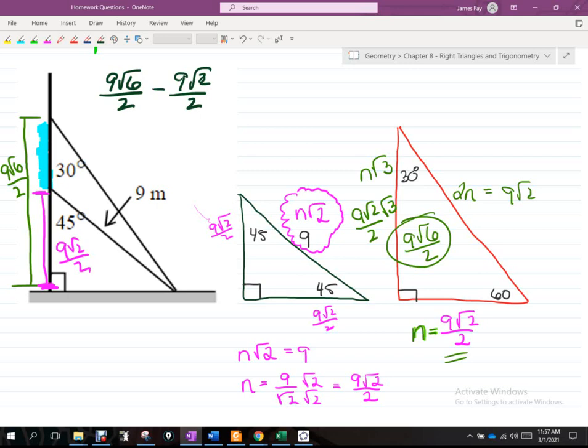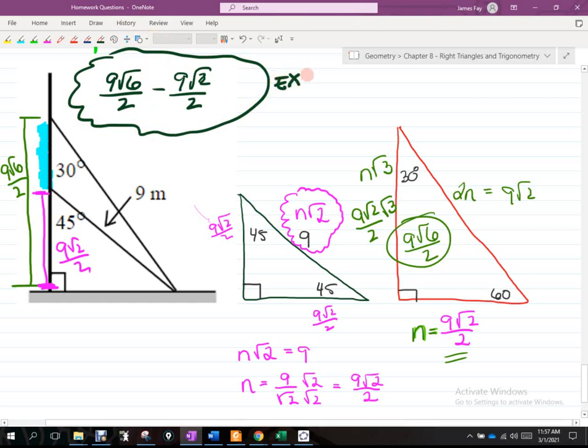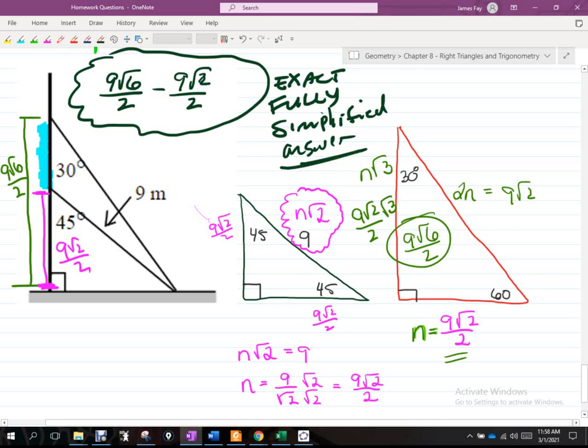You can't, because they're different variables. They're unlike terms. So 9 radical 6 and 9 radical 2 are unlike terms as well. Therefore, that's the exact, fully simplified answer. You could, because they have the same denominator, write 9 radical 6 minus 9 radical 2, all over 2.